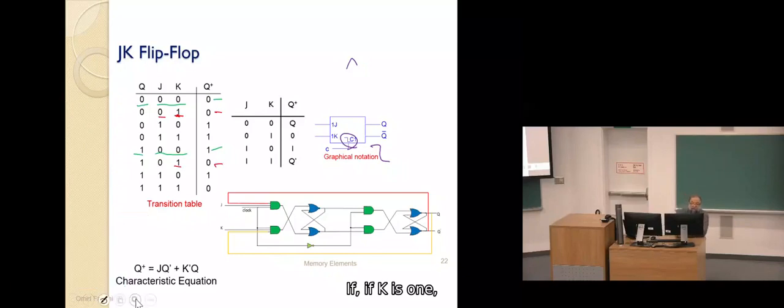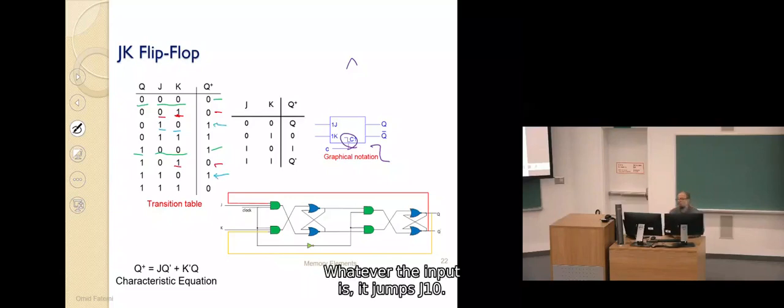If J is 1, K is 0, then it means jump. Make it high. Jump. So the output will become 1, whatever the input is. So it jumps. J1, K0.